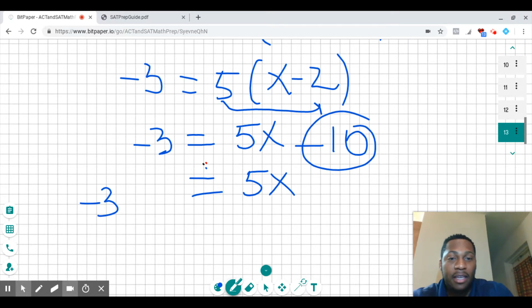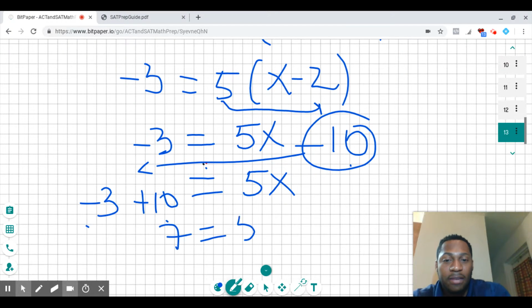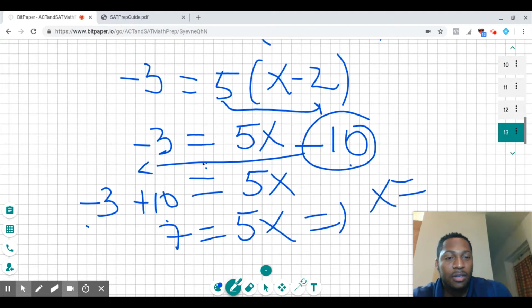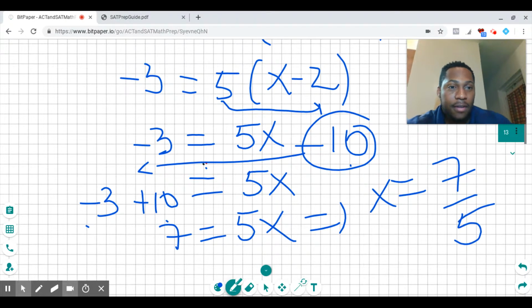And the negative 10 here is going to move from this side of the equation to the other side, so it becomes positive 10. 10 minus 3 is 7, which is equal to 5x. That implies x is equal to 7 over 5. That's it.